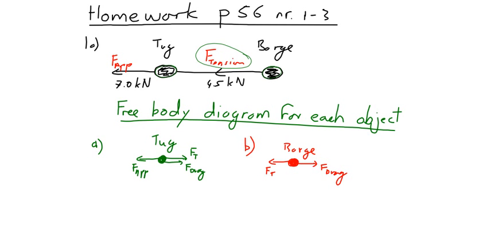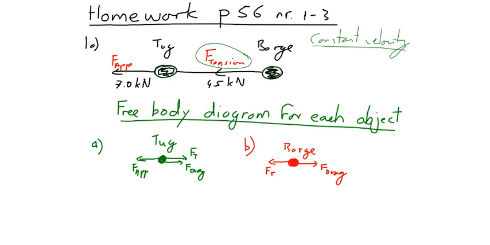When we draw free body diagrams of each object, look at what we have. Remember, I'm moving at a constant velocity, so the forces on each object must be balanced. So let's look at our tug first of all.